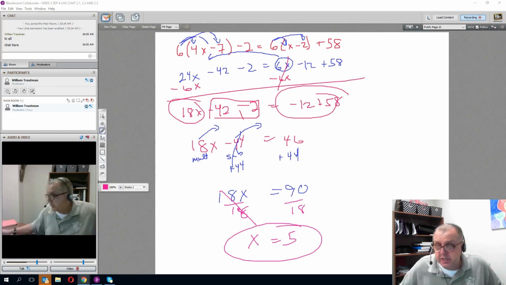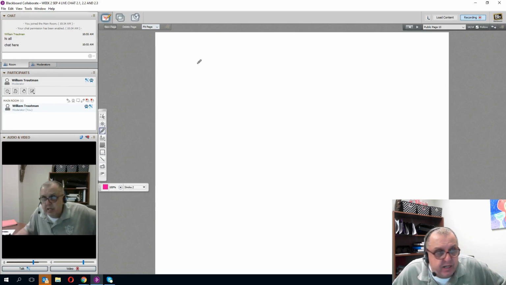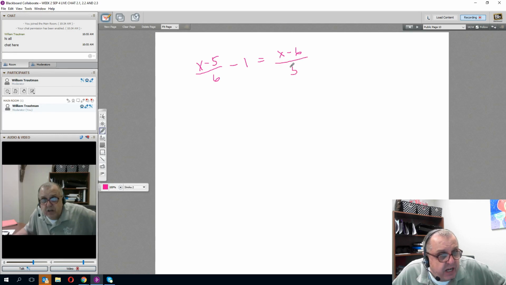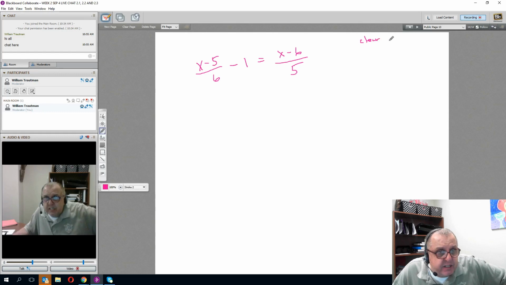Okay, let's take a look at a problem like this. I don't have this in the steps, but I'm going to add a preliminary step. So here's x minus 5 over 6 minus 1 equals x minus 6 over 5. Those steps that we had, first step I'm going to say clear fractions by multiplying by the least common denominator, LCD.